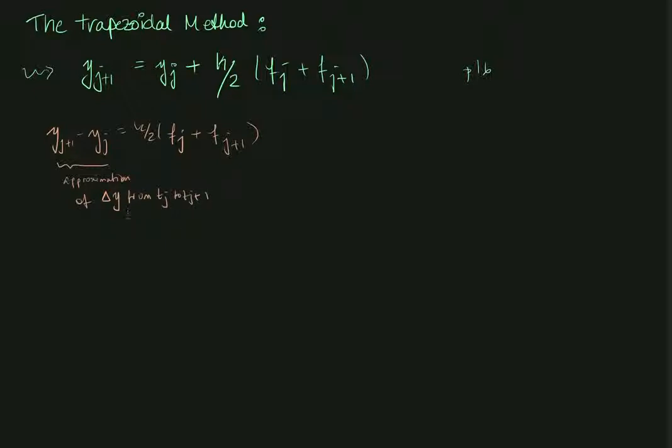So our approximation of the change in the function y from t_j to t_{j+1} is based on an average of the derivative in the time point t_j and the derivative in the time point t_{j+1}. So it seems like some kind of combination of forward Euler and backward Euler, and intuitively it sort of makes sense for us. So now we have just a little bit more understanding about what this trapezoidal method is about.